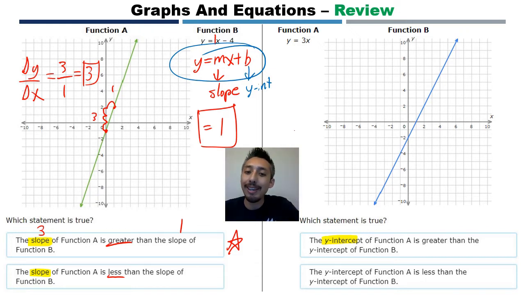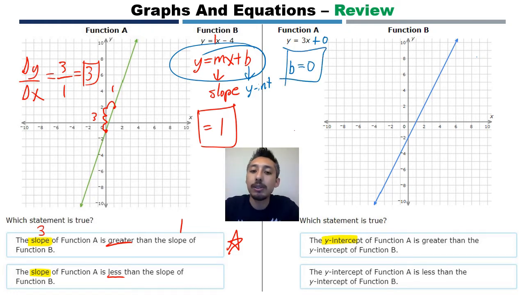For function a, there's nothing at the end, but there is technically a number there, and it's not a 1 this time. This is the same thing as saying plus 0. In this case, our y-intercept is 0. So I'm going to write down b is equal to 0 because b is what we use as our y-intercept.